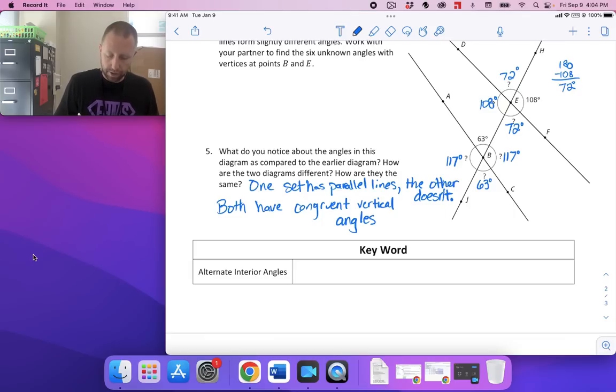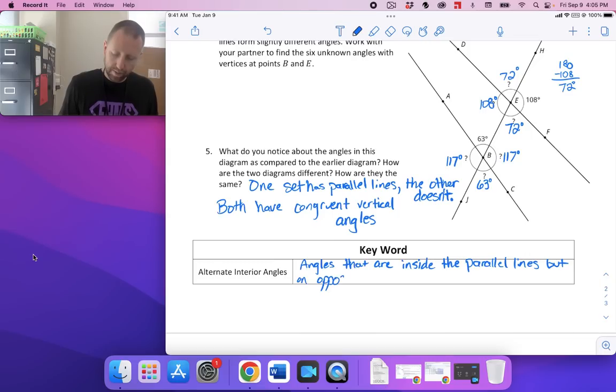Alternate interior angles are angles that are inside the parallel lines, but on opposite sides of the transversal and intersections.